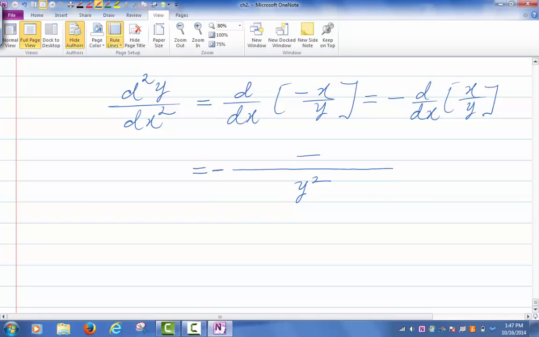So this negative sign, I'm going to put it right here, just so you can see it, I'll put it in green. Okay, so what goes here?